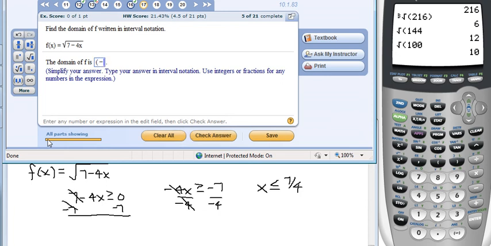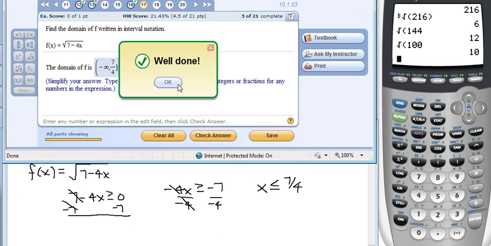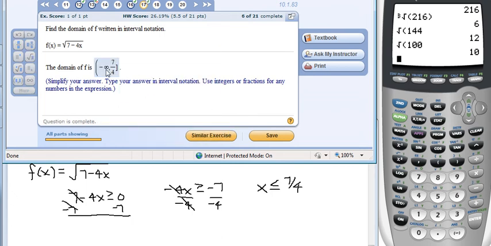Remember, we always want the smaller number to the left. Right? I should say correct. And then we want 7/4 here. And 7/4 is included in the interval set. Infinity is never included. Okay? This looks really weird. This one's really small and this one's really large, but that's just the way that my math lab does things here.